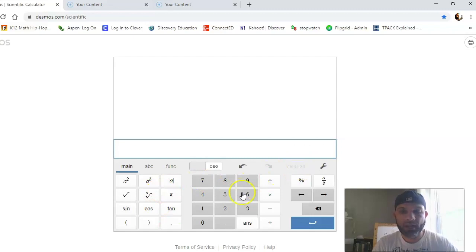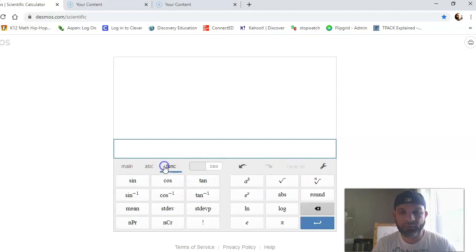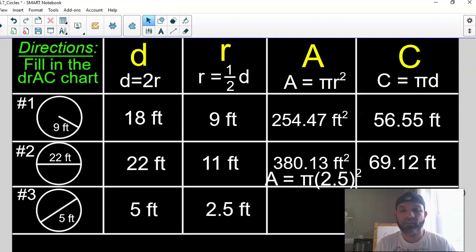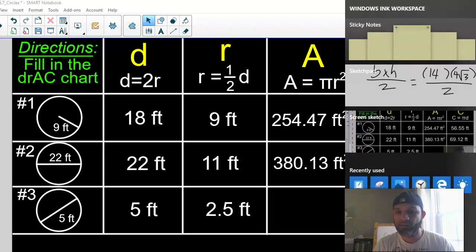Pi times 2.5. We got to square the radius. And here we see 19.634. So we're going to leave it at 19.63.